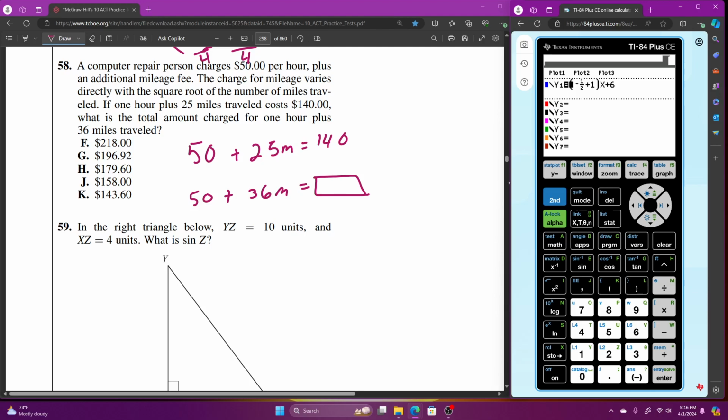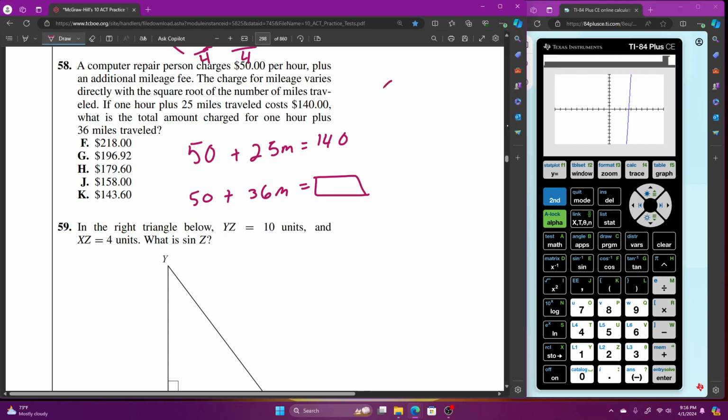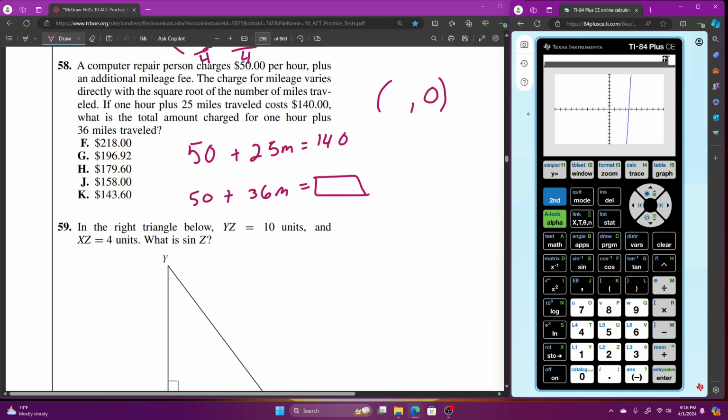Let me see here. Can we just graph it? Let me see. 25x plus 50, right? That's this. And then I'm going to subtract the 140. Look at the graph. Equals 0. When y is 0, x is somewhere between 3 and 4.